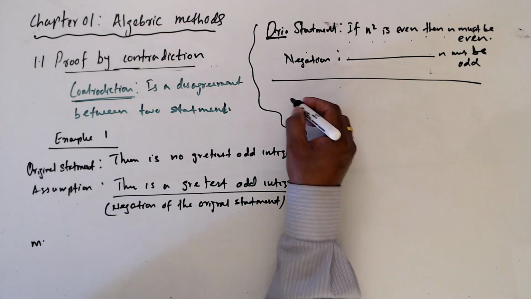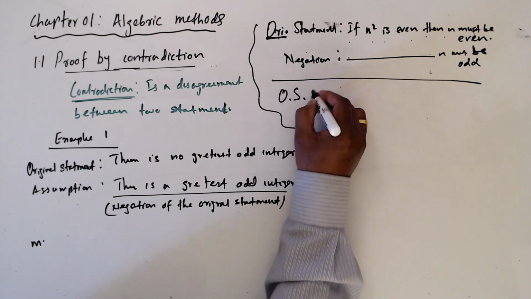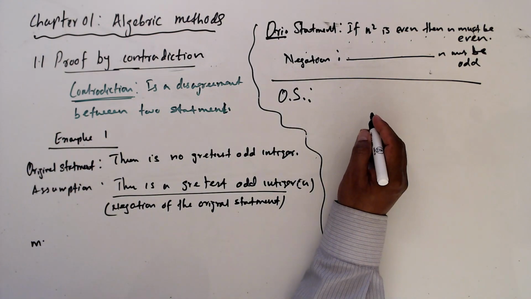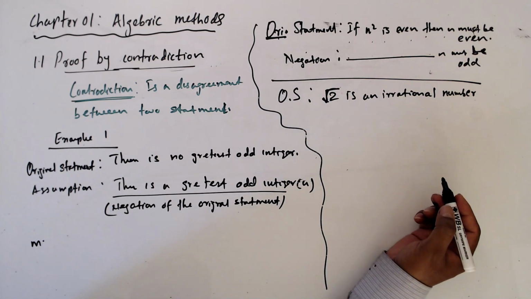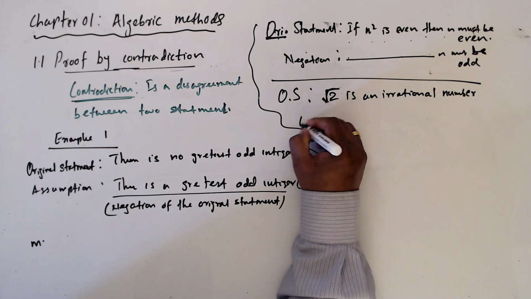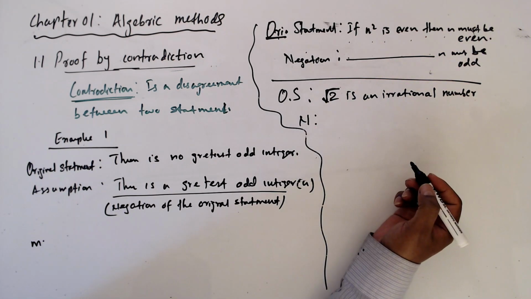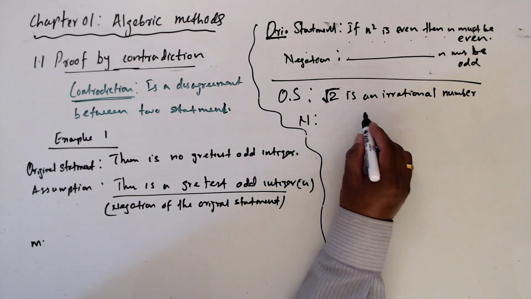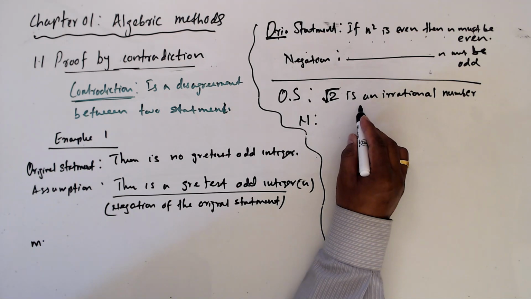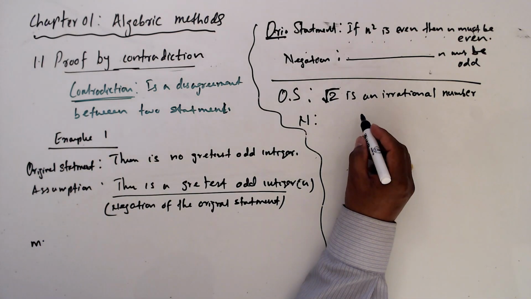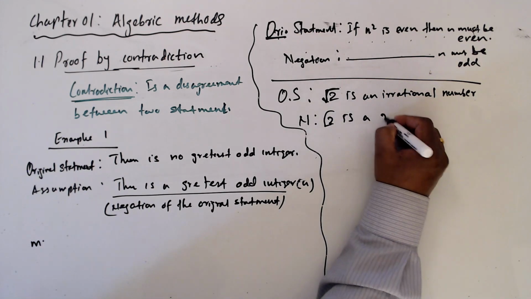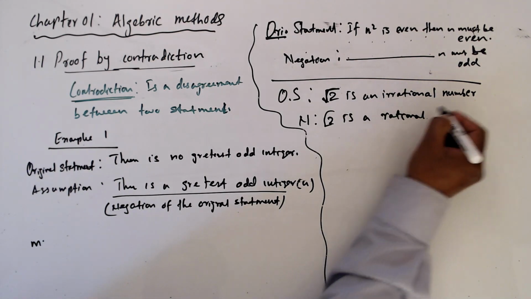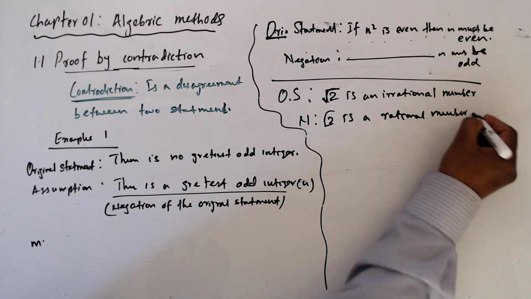Another original statement: square root 2 is an irrational number. What is the negation of this? The negation is that square root 2 is a rational number.